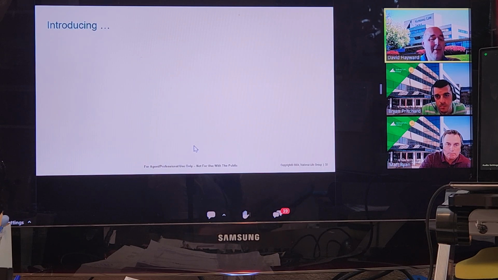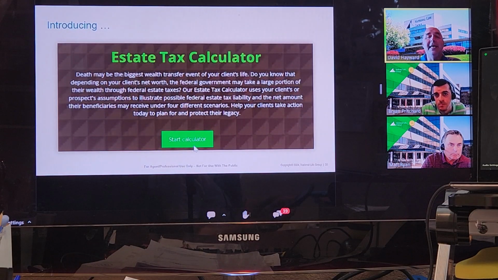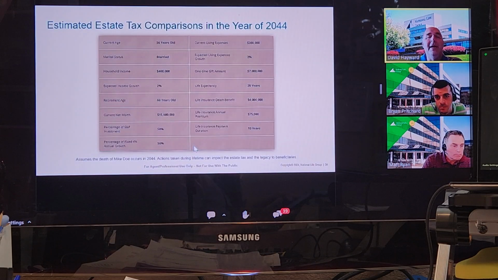So National Life has introduced a brand new tool called our estate tax calculator. We're going to have a 14-question survey that clients can fill out. It asks what your assets are now, how much you make, what your spending habits are, and whether you're interested in a one-time gift right now to use some of your lifetime exemption before it expires.